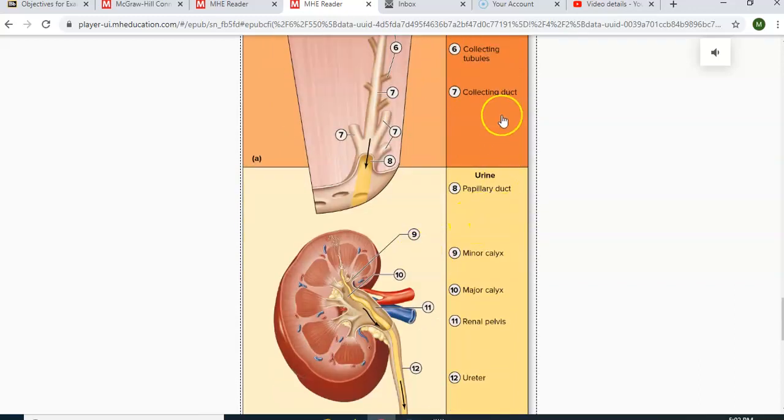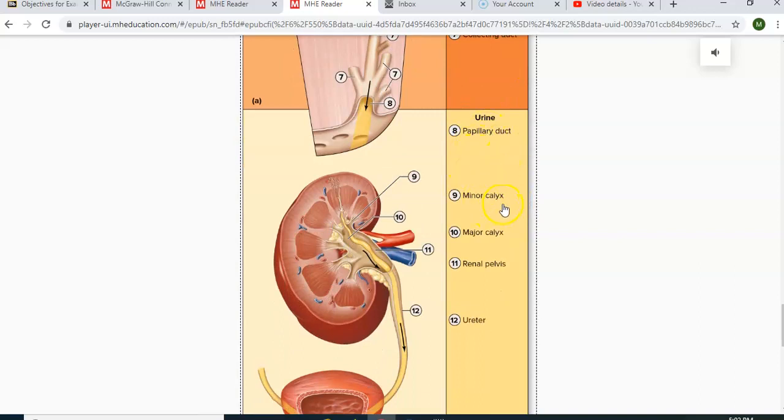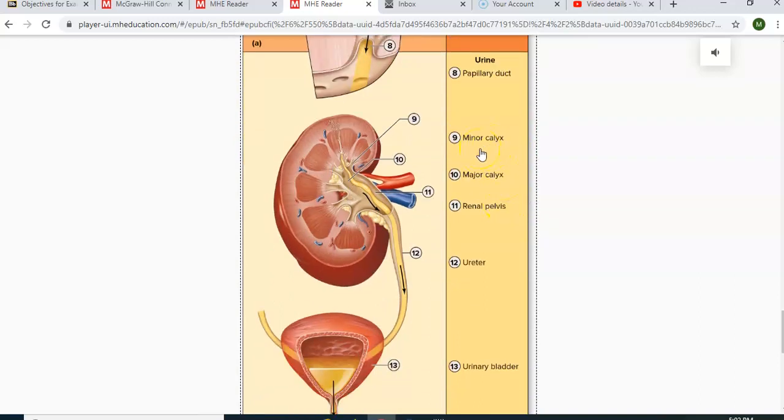So all the little collecting ducts merge into papillary ducts. All the papillary ducts merge into a very large duct called a minor calyx. And then a couple of minor calyces will drain their urine into a major calyx. And then we'll have more than one major calyx. So we have major calyces that will then drain all their urine into our renal pelvis.